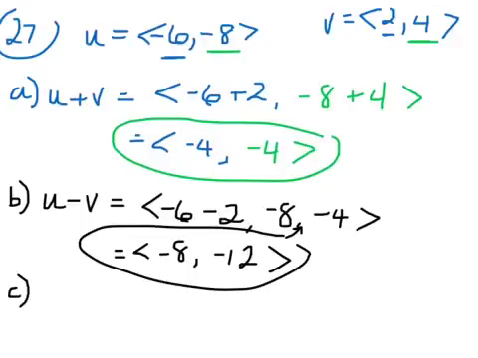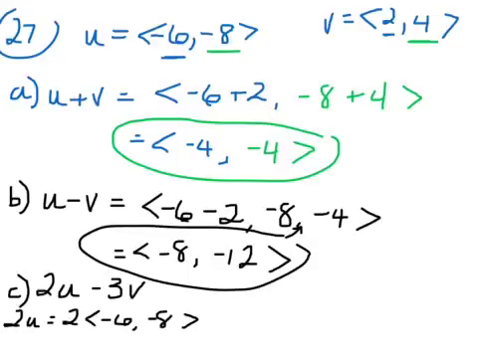In C part, they want me to say, what's 2u minus 3v? I can take a vector and I can multiply it through by a whole number. I just have to multiply both parts of it. So for 2u, let me do that first. 2u would be taking the vector u and multiplying everything by 2 in it. So since vector u is -6 and -8, that's going to be -12 and -16.